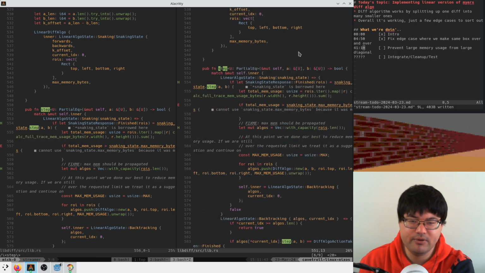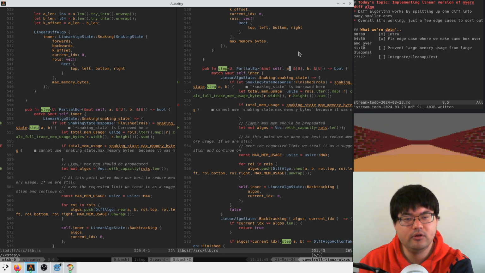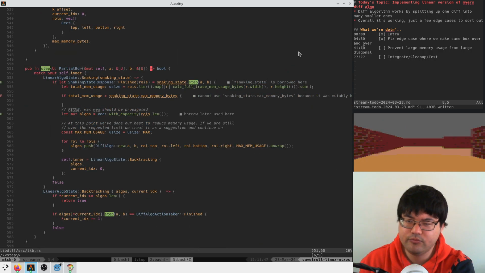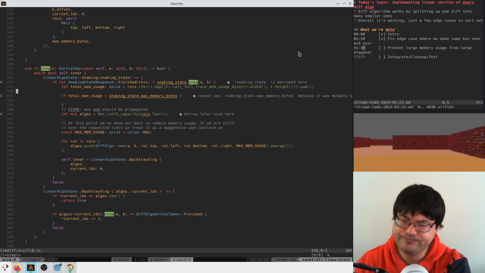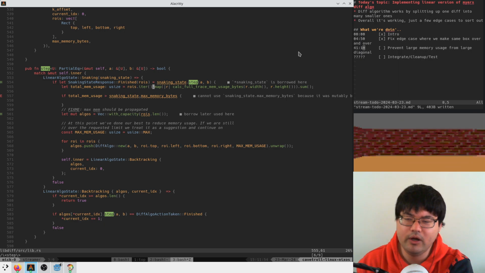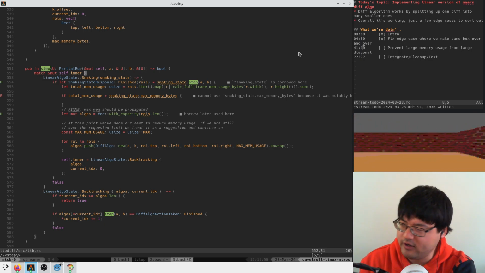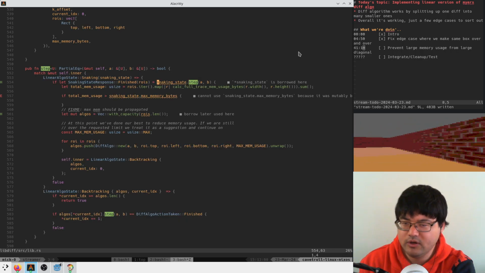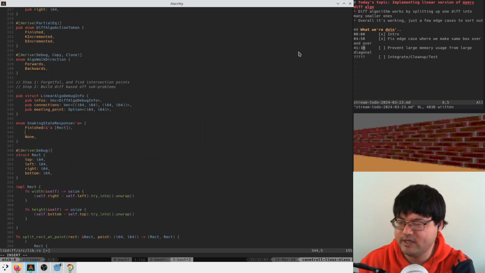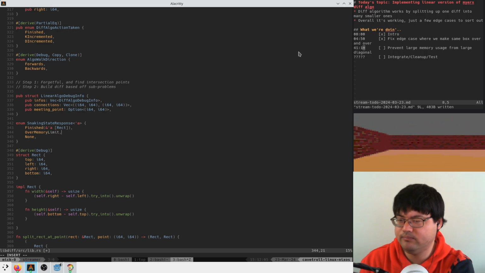Who calls this step? I need to think about this. How do we want to handle this? Where does this error handling live? I think here we'll say over memory limit.